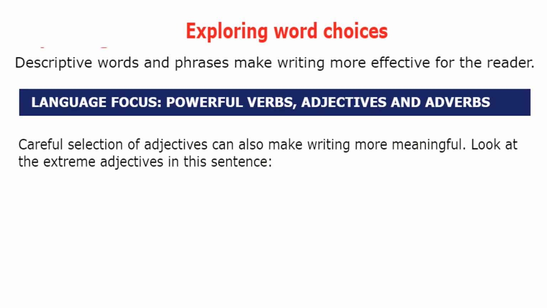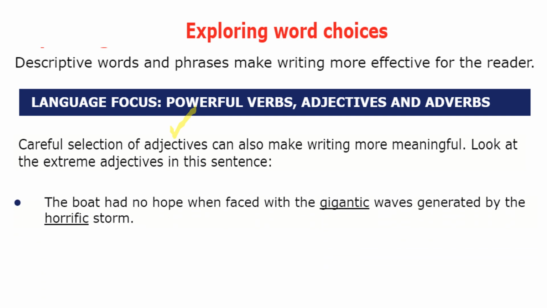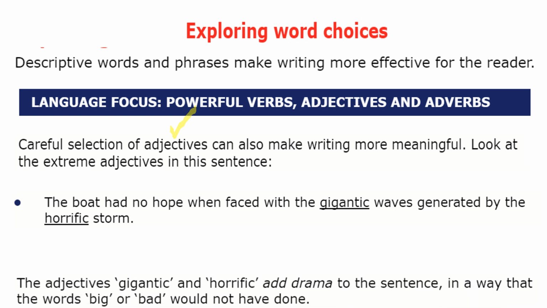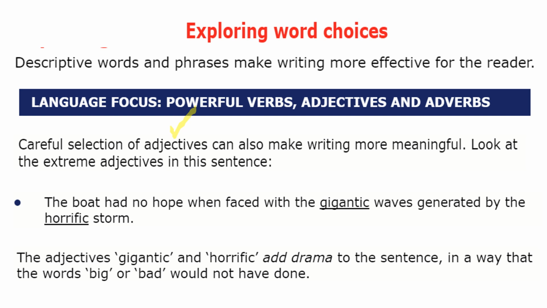Now look at another example where the careful selection of adjectives can also make writing more meaningful. Now see the example: the boat had no hope when faced with the gigantic waves generated by the horrific storm. Now the underlined words are two adjectives and we know that the replacement could have been the words big or bad.